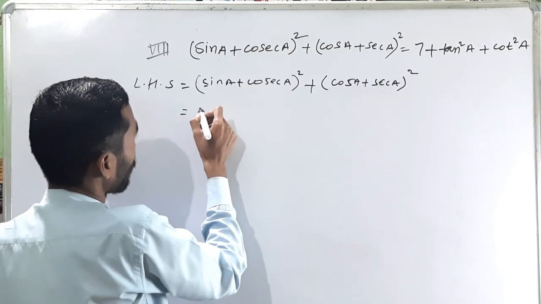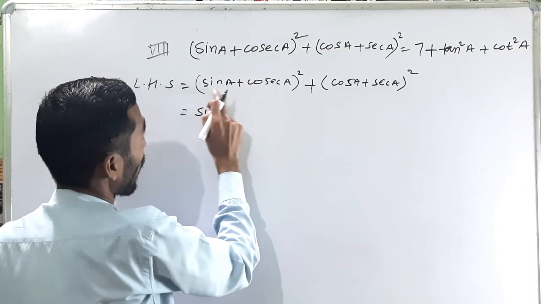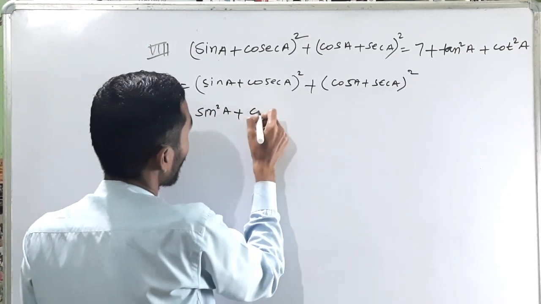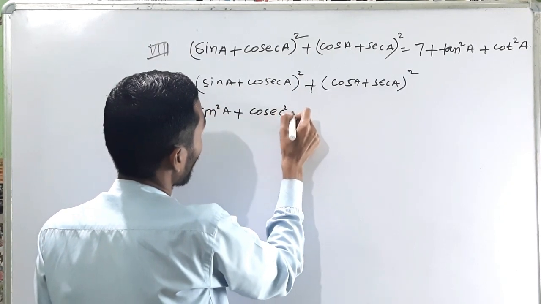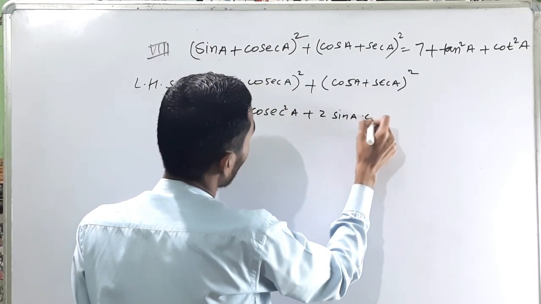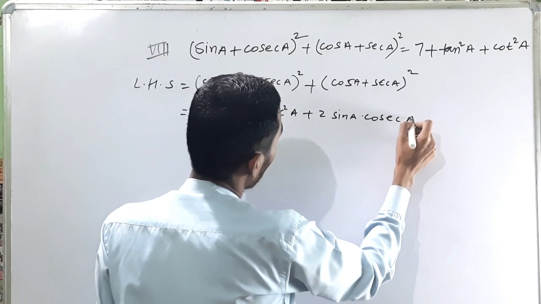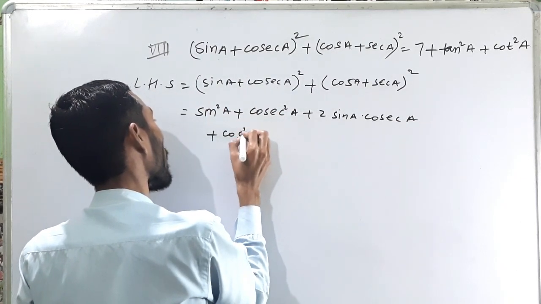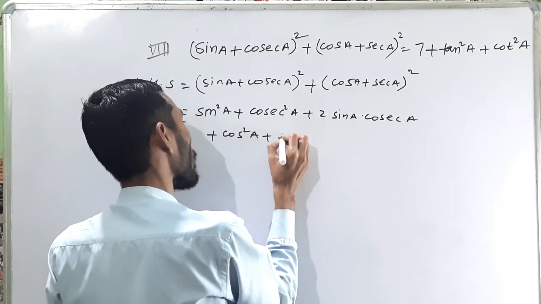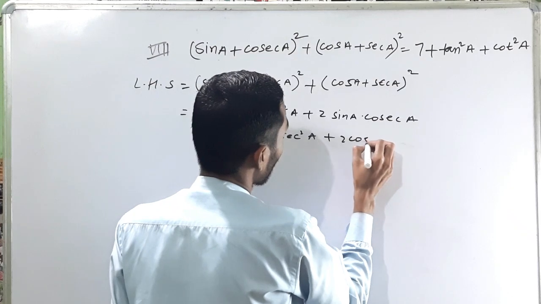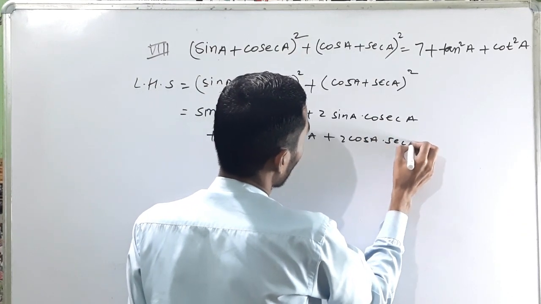So we can do here the square of a plus b: a square plus b square plus 2a into b, and similarly a square plus b square plus 2a into b.